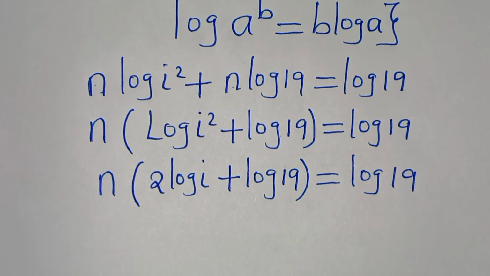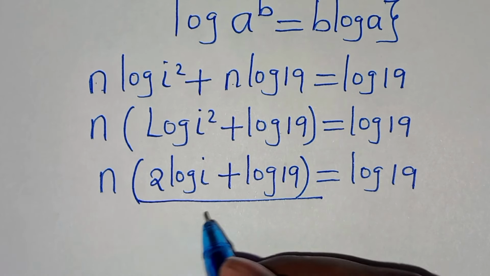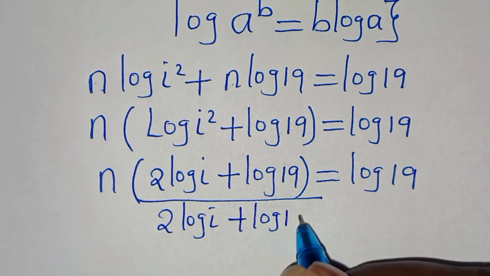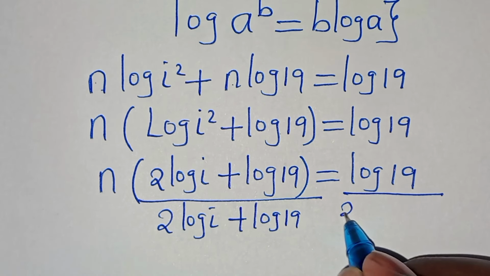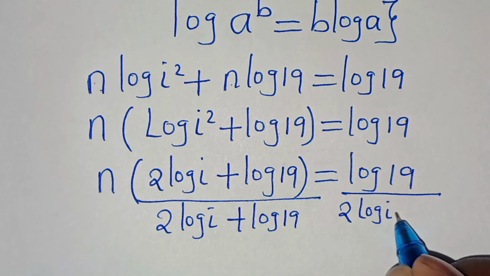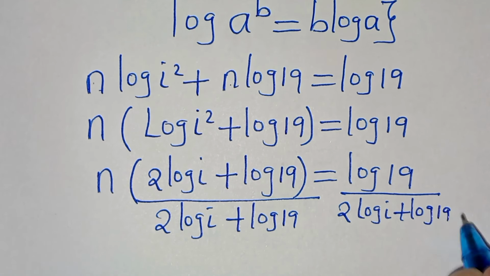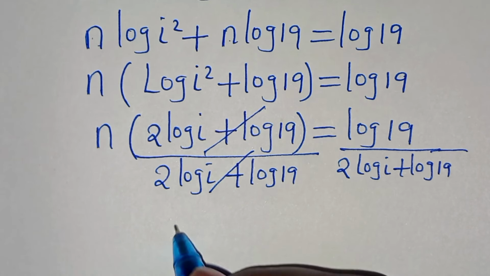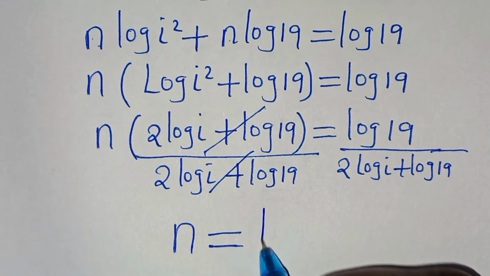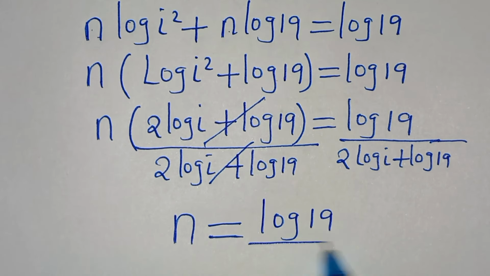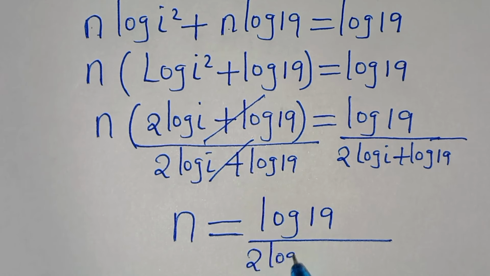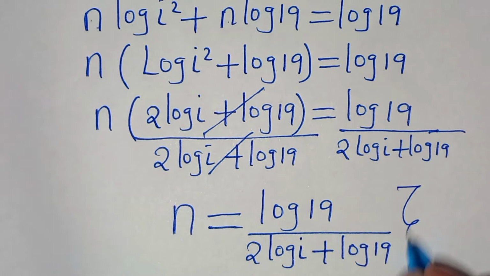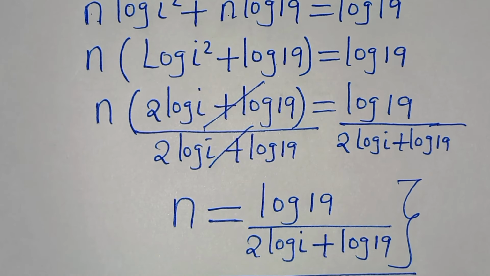So let's divide both sides by 2 log i plus log 19. Let's simplify here, and this implies that the value of n is equal to log 19 divided by 2 log i plus log 19. So this is the value of n by applying method 2.